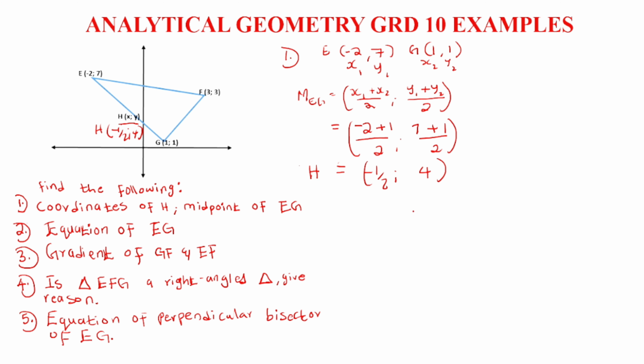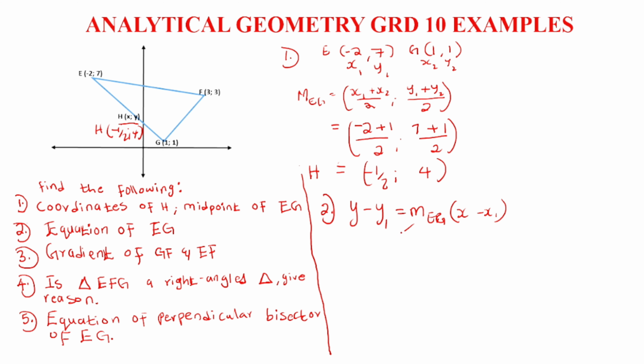Great stuff. Then question number 2. Let me put a line here to separate this from the previous question so that it is clear. Number 2 says we need to find the equation of EG. In order to find the equation, we're going to use the equation of a straight line, which is y minus y1 is equal to the gradient of EG, in brackets x minus x1.